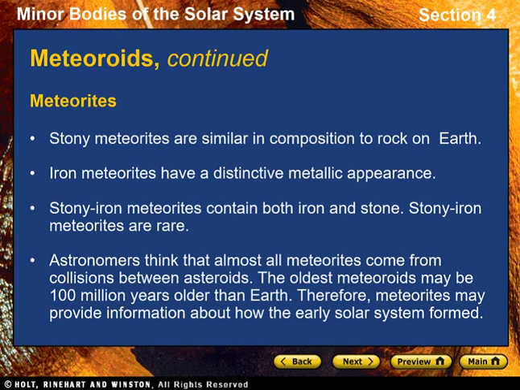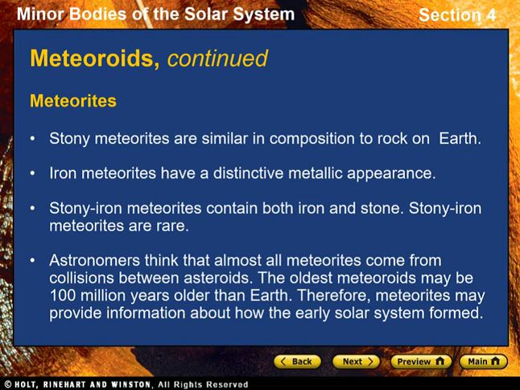Although most meteorites are stony, iron meteorites are easier to find. Iron meteorites are easier to find because they have a distinctive metallic appearance. This distinctive appearance makes iron meteorites easier to distinguish from common Earth rocks. The third type of meteorites, called stony iron meteorites, contain iron and stone. Stony iron meteorites are rare.